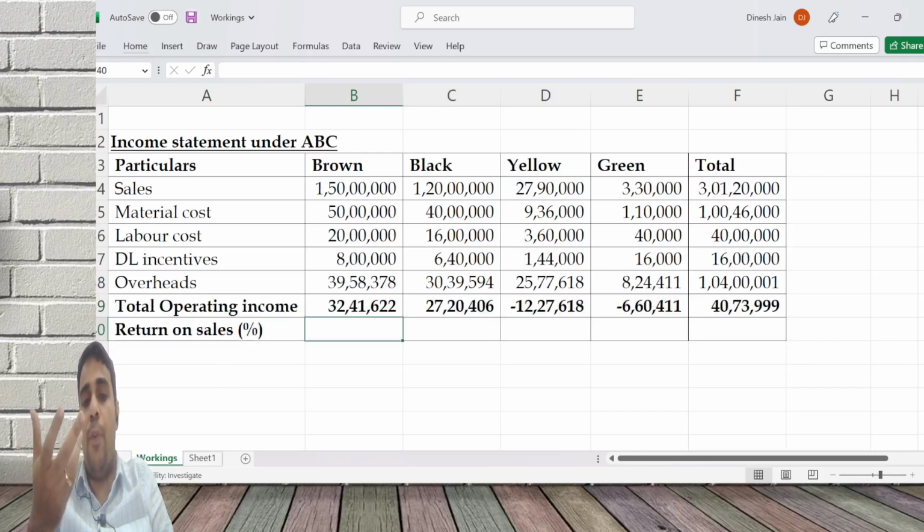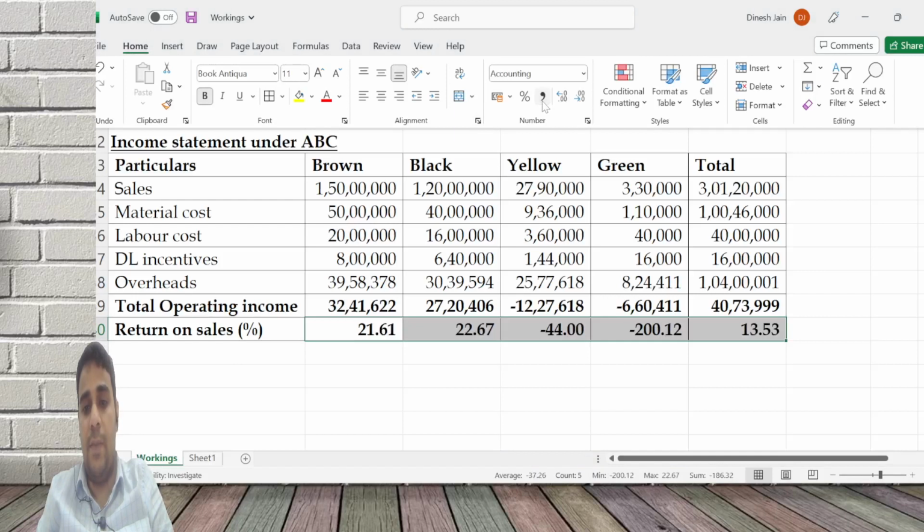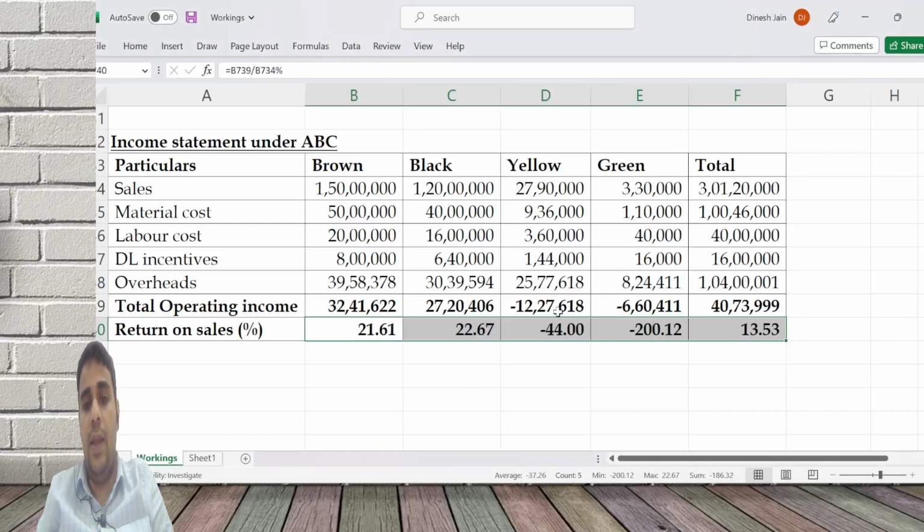Earlier, we were not apportioning that much. We were just doing 3 times direct labor. But in reality, the overhead is very high. The first two products are giving more than 20% margin, and yellow and green are having huge losses.